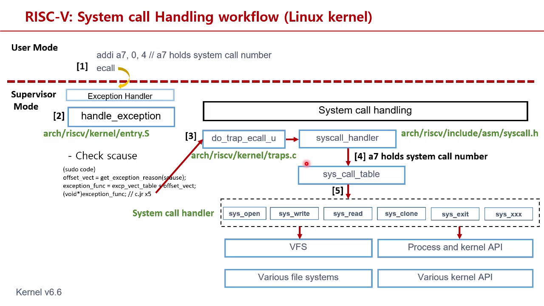In this case, the SVC assembly instruction will be executed in exception level 0, and the X8 register will hold the system call number. But this is a scenario in the RISC-V system. For this reason, the system call number is stored in the A7 register, and the ecall assembly instruction is performed in the RISC-V architecture.